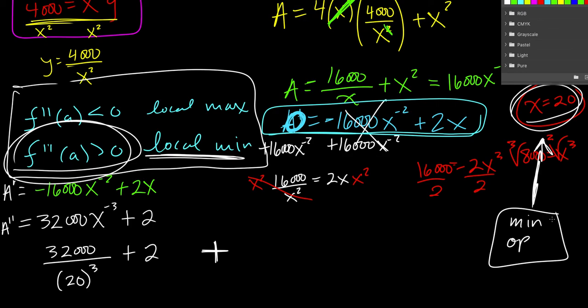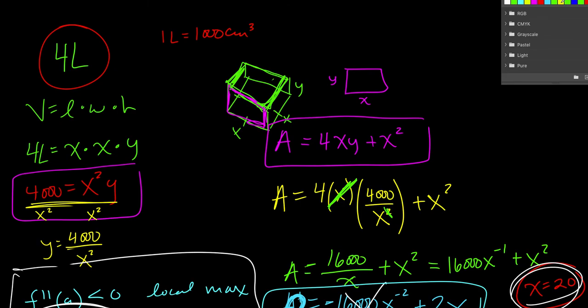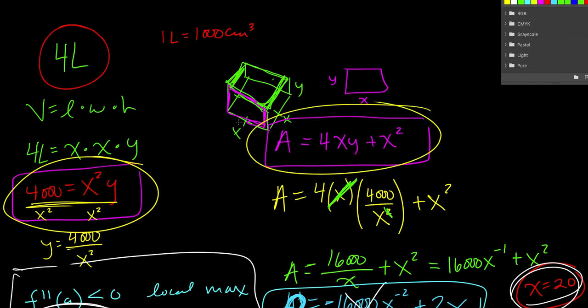Now, they specifically want us to state the dimensions. So we need to look back at the top. And basically we can use this equation or this equation, and we just want to figure out, well, actually we don't know the area. So yeah, we actually need to use this one.